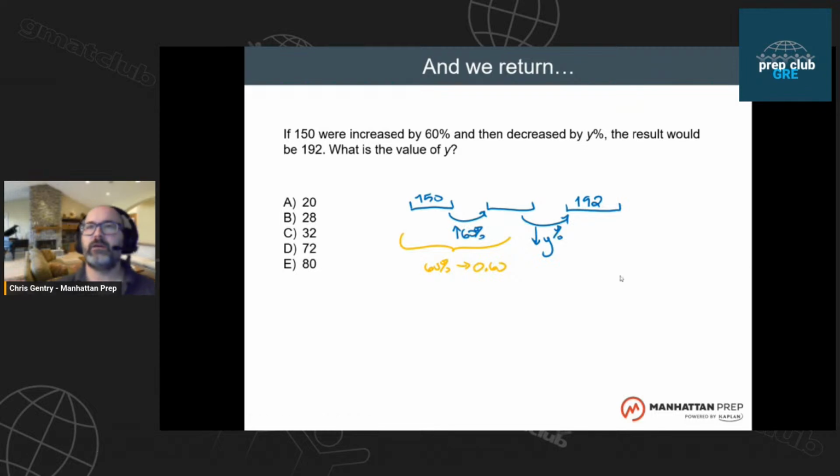Then you're seeing this fallback to that core translation, this idea of your percent more than is a base value, and then you change it by that amount. So I can do 1 base value plus 60% of that base value, and that's going to be 1.6. So I multiply this by 1.6, and I will get 240.